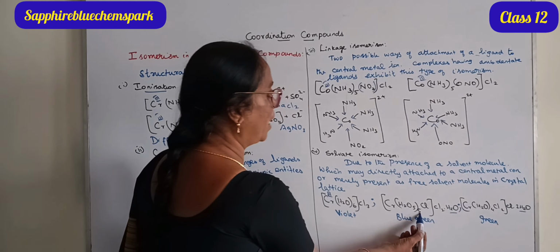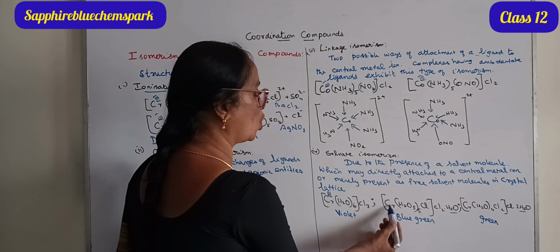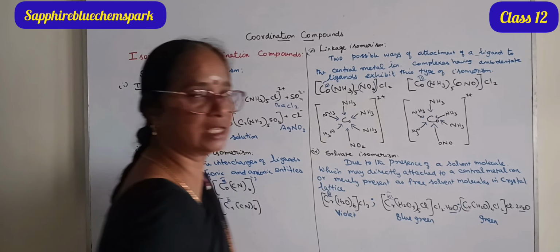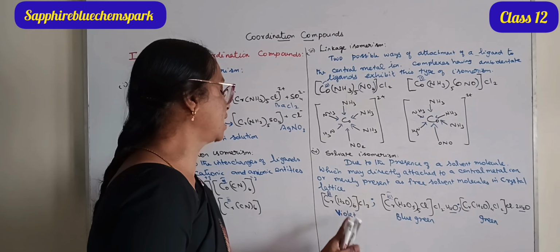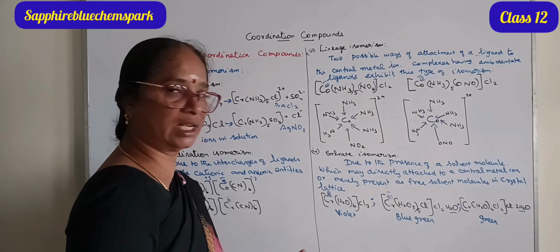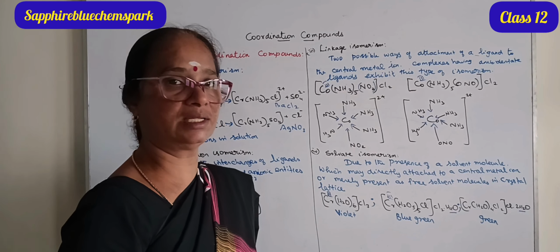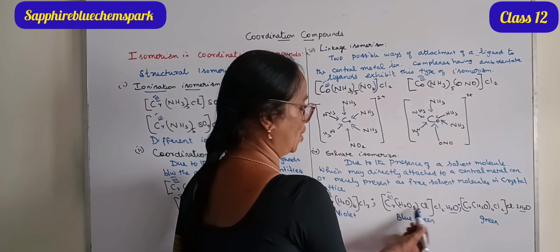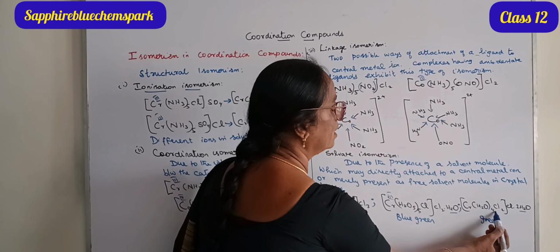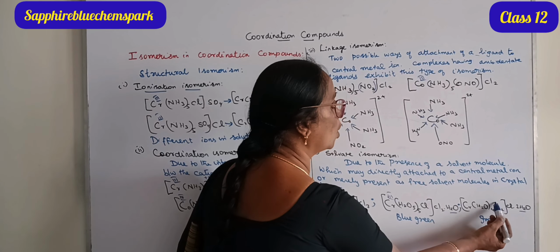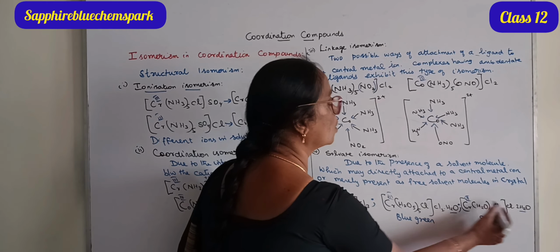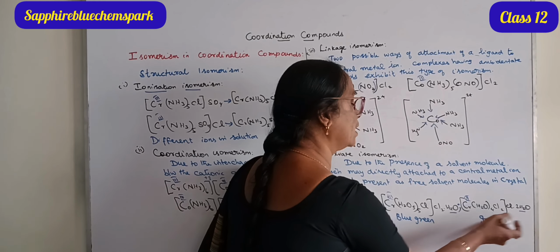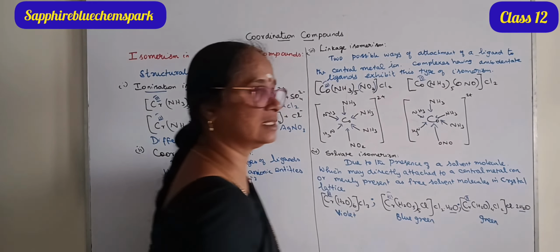So we will get pentaaquachloridochromium(III) chloride, where the color of the complex is blue green, but in the previous case, when all the ligands are water molecules, the color is violet. Similarly, when one more chlorine atom is exchanged by water, I will get tetraaquadichloridochromium(III) chloride dihydrate, because two molecules of water are present in its crystal lattice itself.